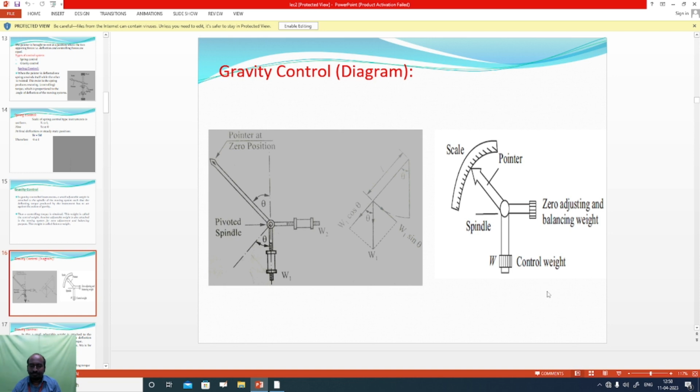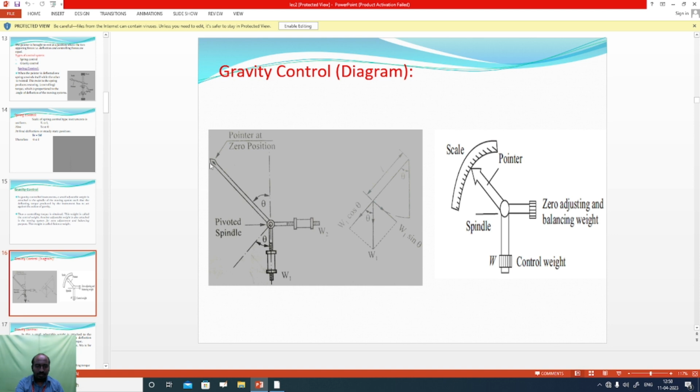Here you can see the spindle over which the pointer rotates is connected with a control weight, which is hanging downwards. The control weight is W1, while the zero or balancing weight is W2.